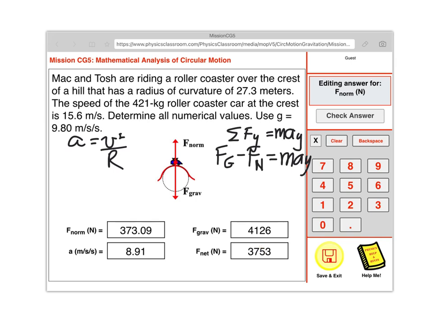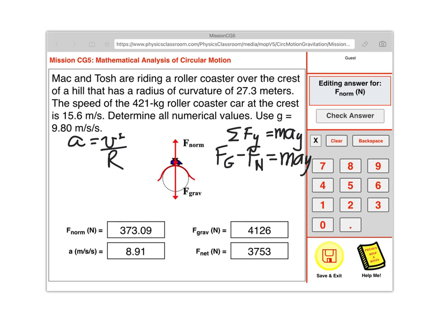Notice the acceleration's down and F grav is down, so this is in the opposite direction. So you're subtracting the F norm from the F grav to get the ma.